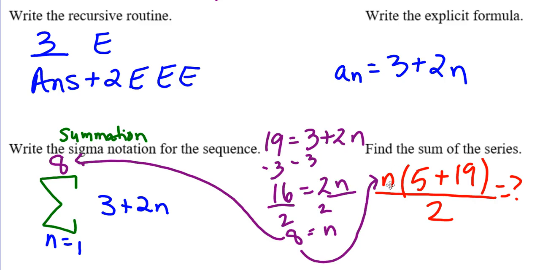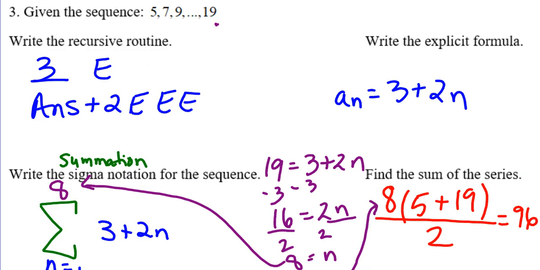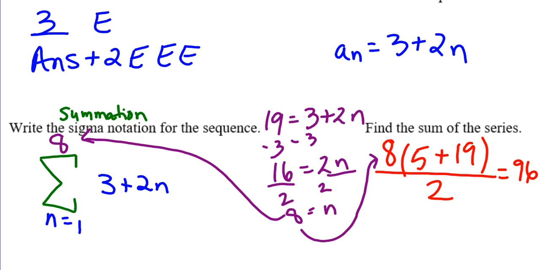So now I can put the 8 here and finish my calculations to get my sum. And so that would be 96. So again, in order to get the summation of the series, I had to figure out what term number 19 represented. We just undid the pattern, and again, that's your upper part of your sigma notation.